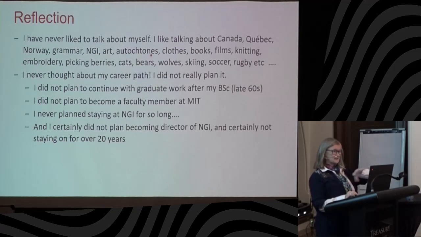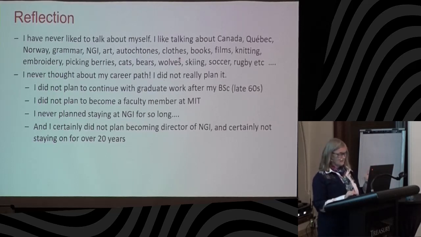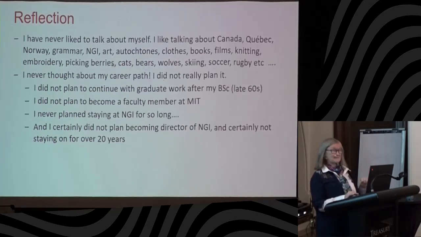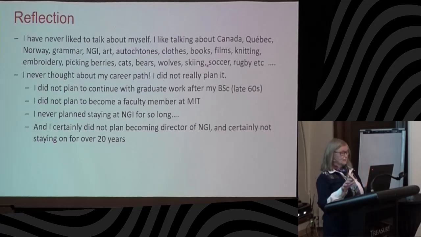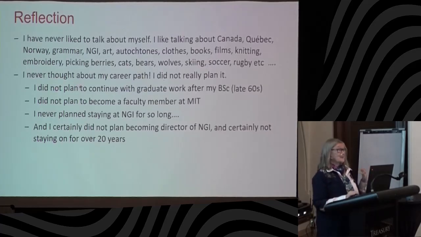Where I was born was a lot of what we used to call Eskimo and Indians. Now they call autochthone. I like to talk about clothes. I like fashion, books, films, knitting, embroidery, picking berries. And cats, bears, we had a bear, we had a wolf, skiing. I'm a nerd.